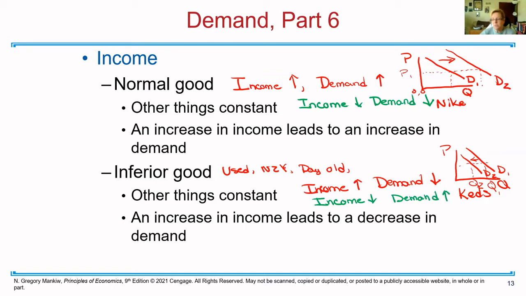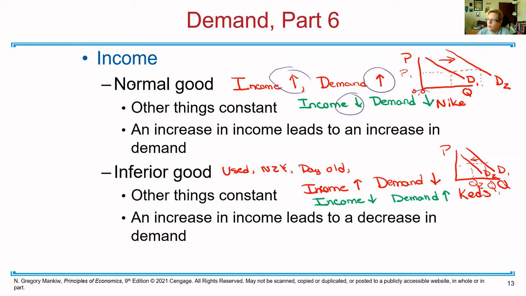All right, so this is an important concept, and I really want you to take note of it because we'll see it again in chapter 5. So notice when our income went up, our demand went up. When our income went down, our demand went down.